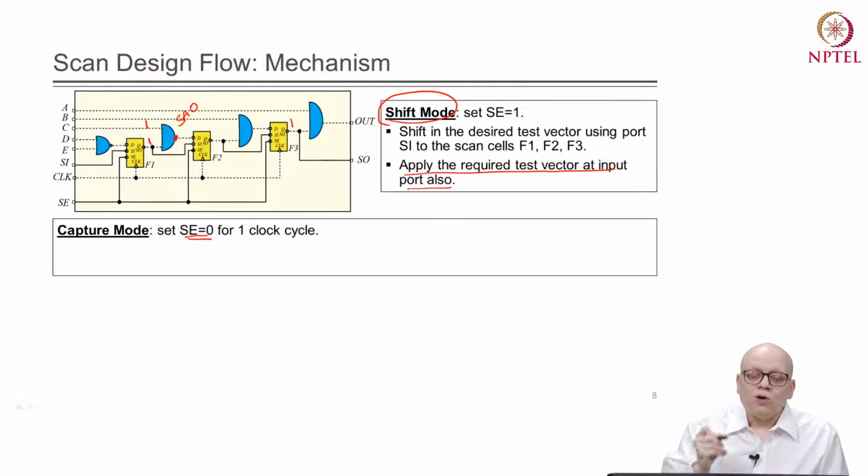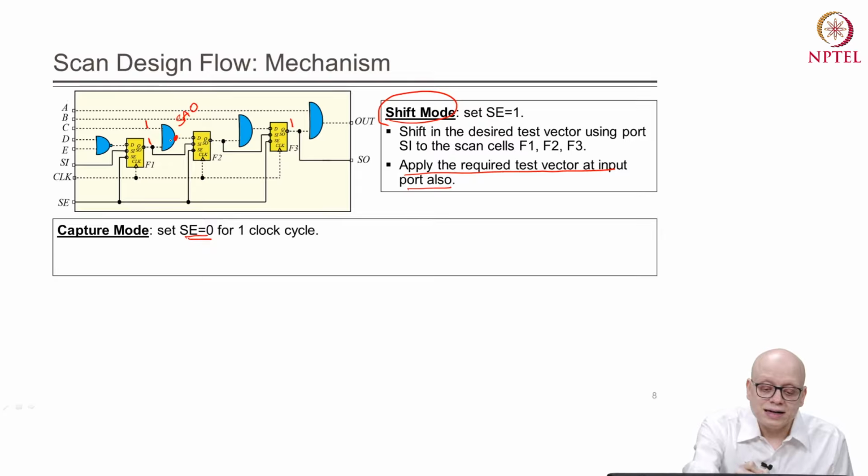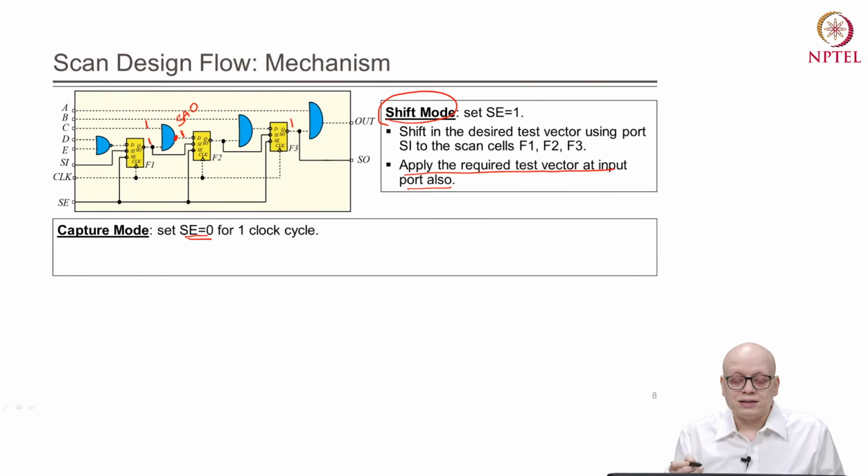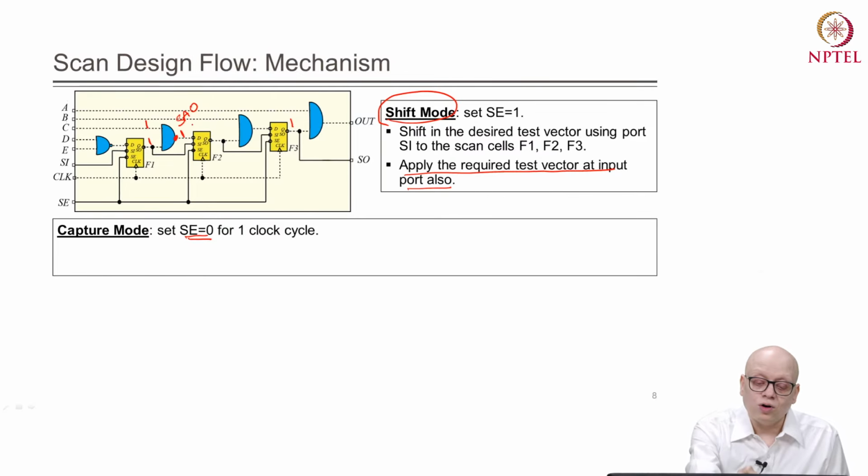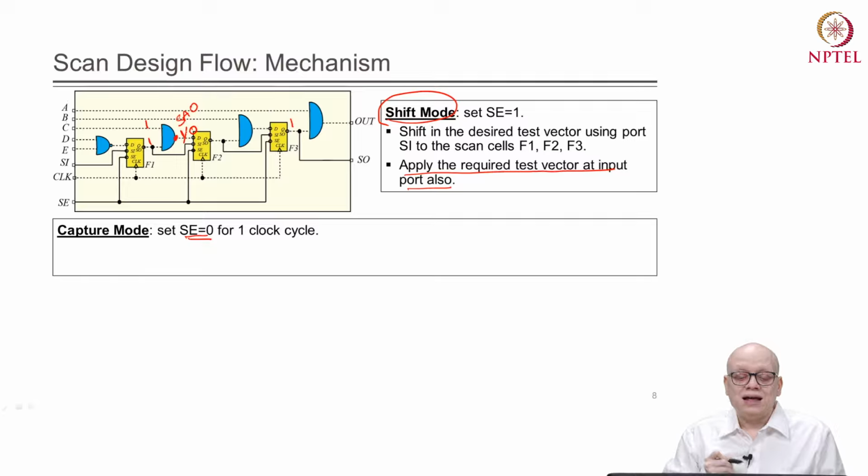The correct value for this AND gate is that its output should produce 1. Now, for a faulty circuit, if there was a stuck at 0 fault at this output pin, then instead of 1 we will get 0, and that 0 will come at the D pin.